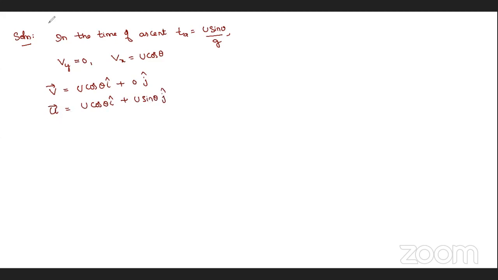So here I am taking the change in velocity. V bar minus U bar equals 0 minus u sin theta into j cap, so you get u sin theta into minus j cap.